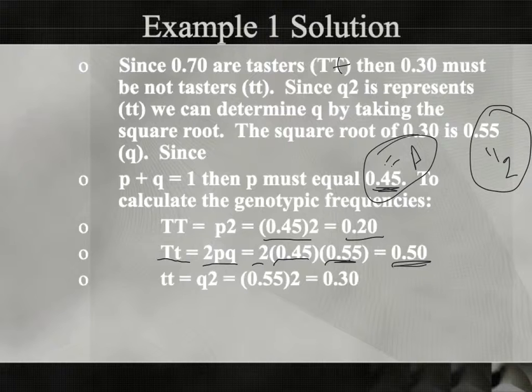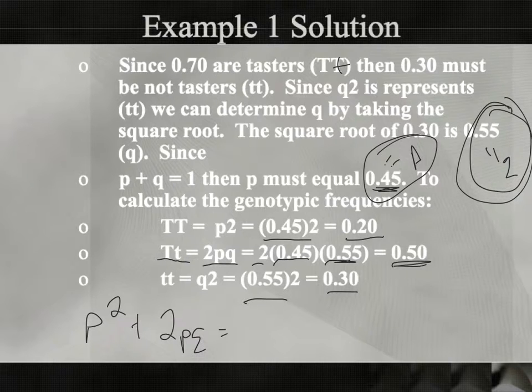And then to determine our homozygous recessive individuals, if we take 0.55 again up here, squared, we get 0.3. And again, the Hardy-Weinberg is p squared plus 2pq plus q squared equals 1. If we add 0.2 plus 0.5 plus 0.3, we see that our answers check out because they equal 1.